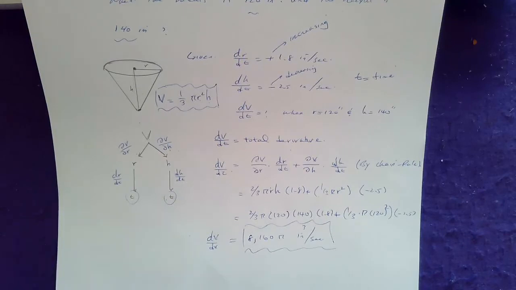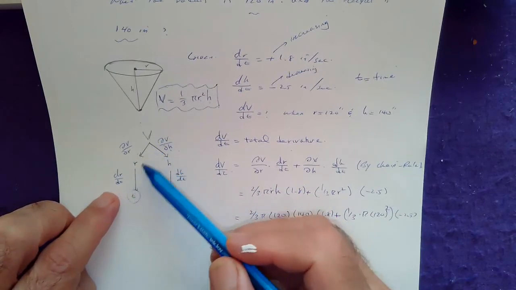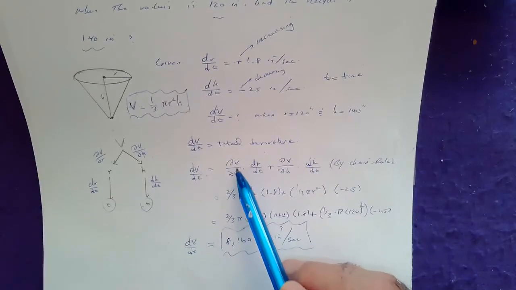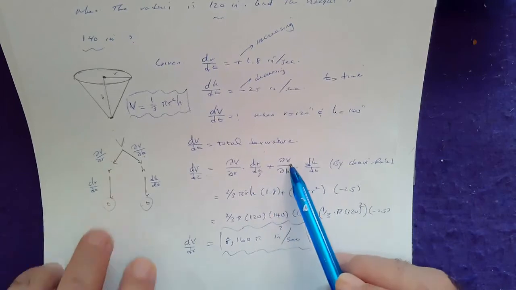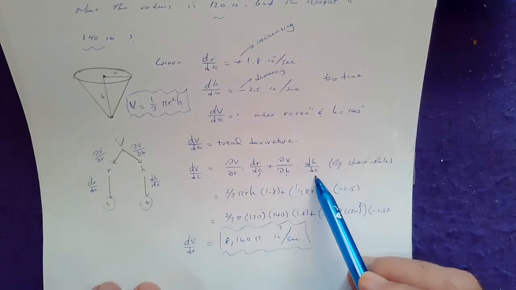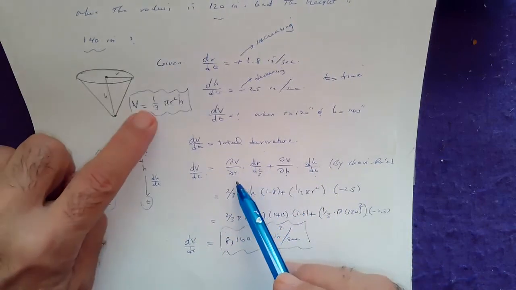Do you see it? So if I go from top to bottom, multiply the branches, add up the results, so I get partial derivative of V with respect to r times dr/dt plus partial derivative of volume with respect to height times dh/dt.